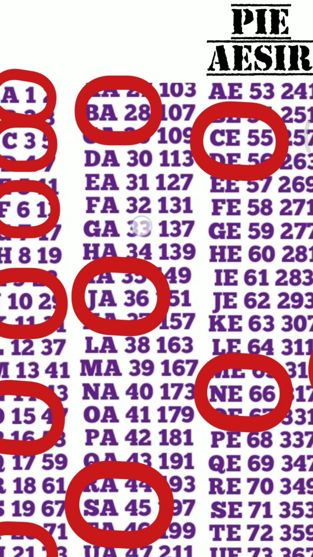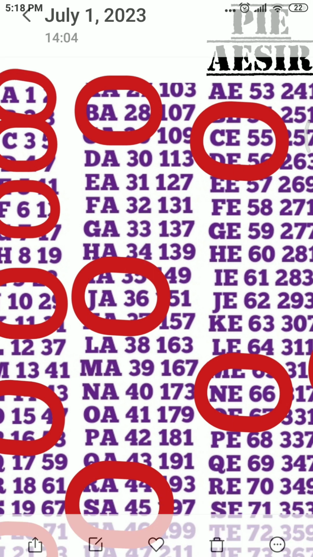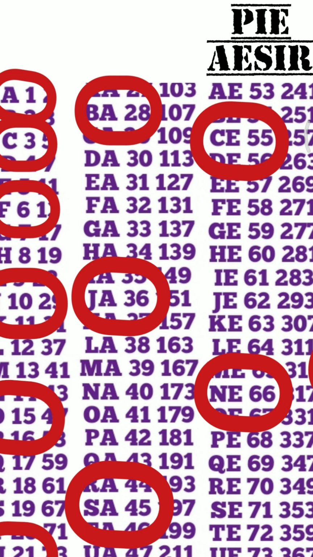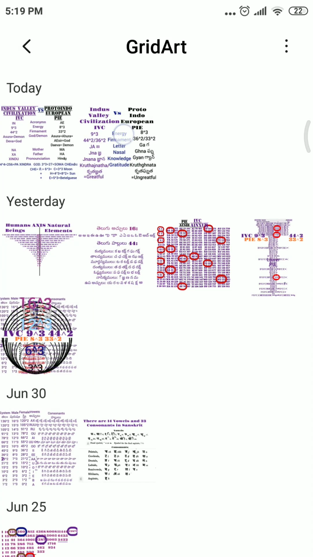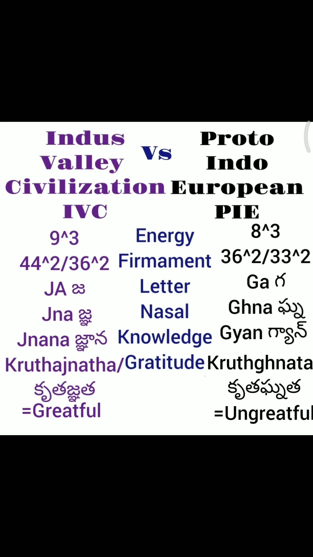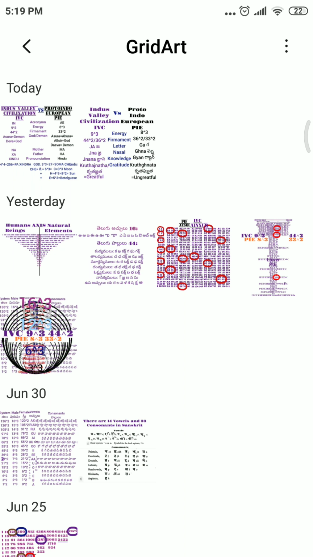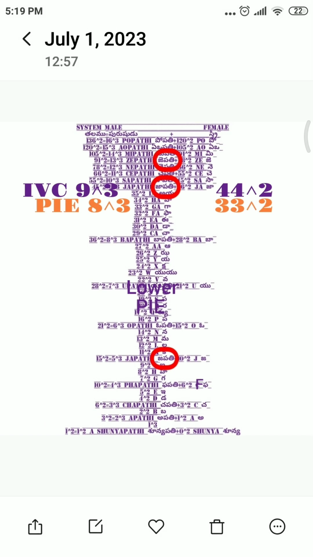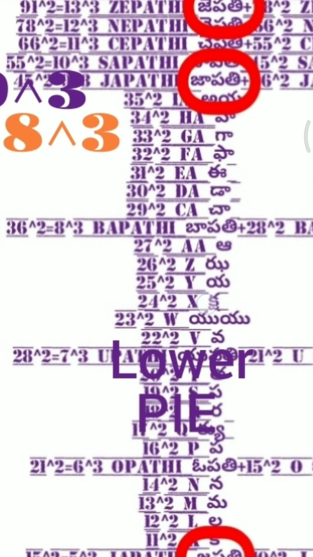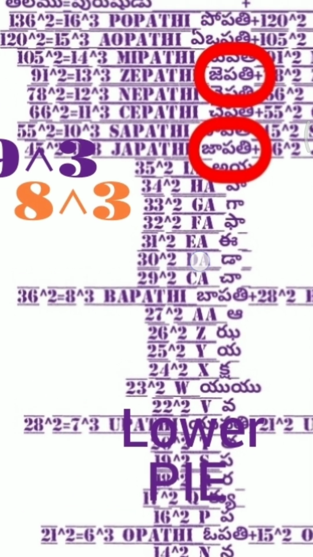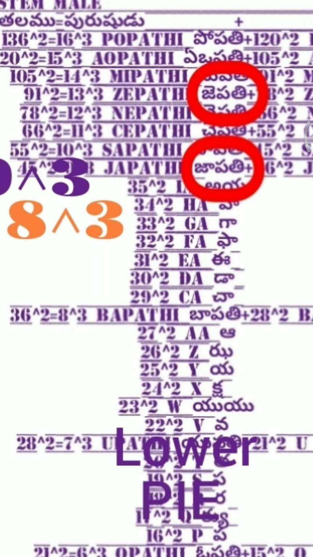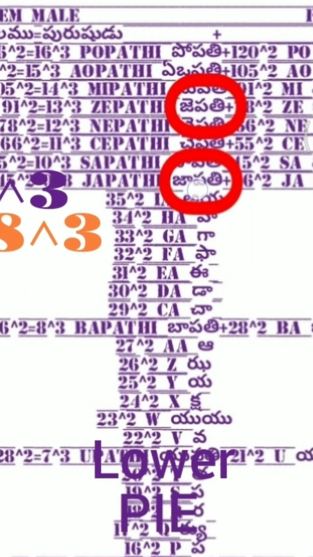This small difference, that there are only 34 and 35 between these two, makes a whole lot of difference in the system. Here you have the 33 guy. 33 guy is Ga, and 36 guy is Ja.